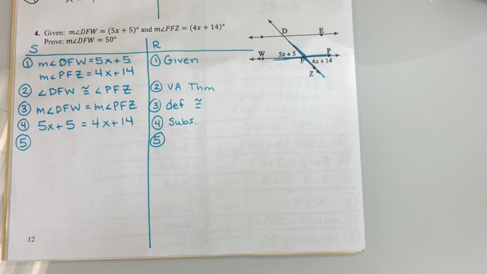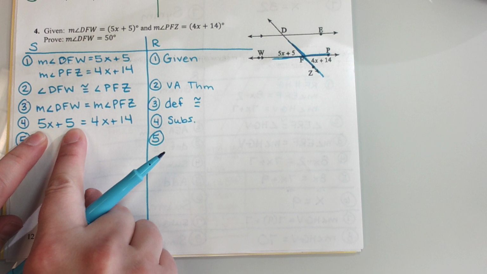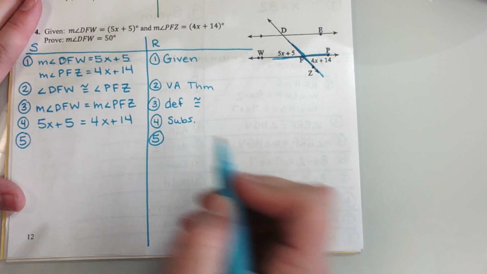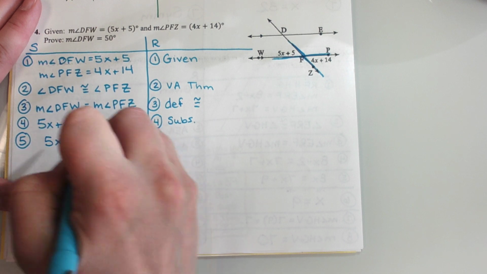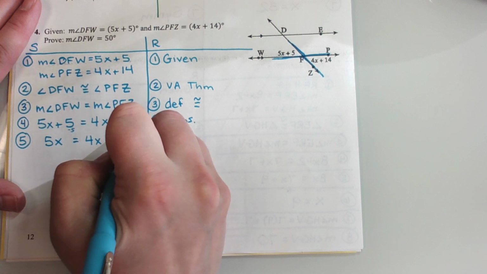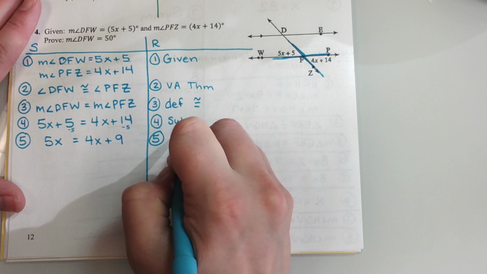Now what? That 5 or that 5? Got it. Okay, subtract the 5. 5x equals 4x. Subtracting the 5 is not the step, but that gives me 9.